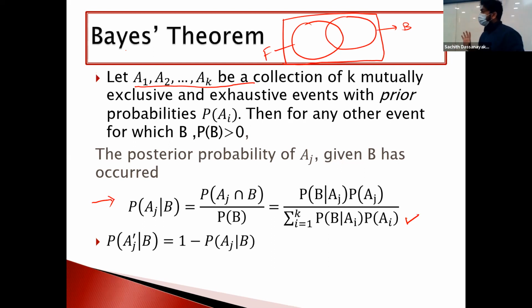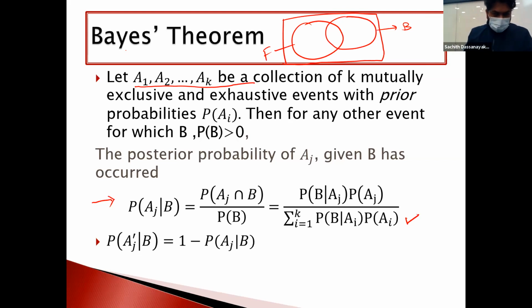Remember it like this. Just consider the first equation. If you need to find a particular probability, let's say A1, one particular sub event, given an event, we can write it like this. Let me show you.